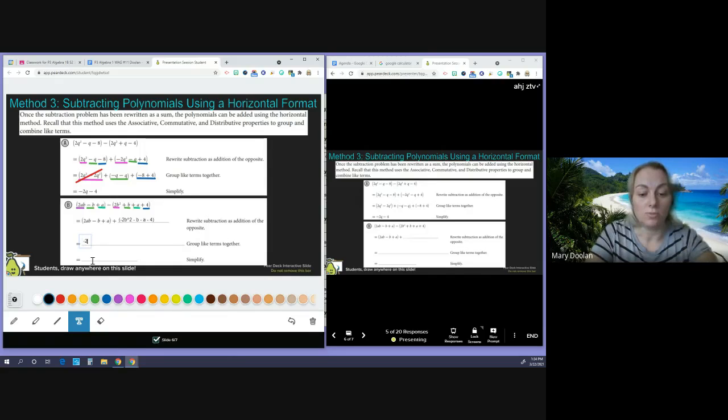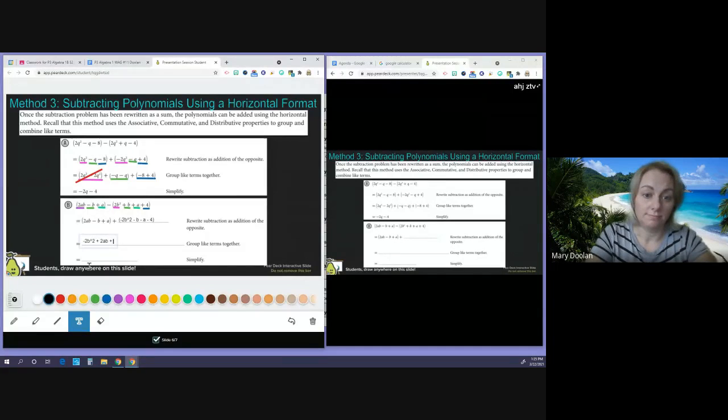Negative 2b to the second power plus 2ab plus, we'll put these in parentheses, negative b minus b, and plus a minus a, and plus negative 4.